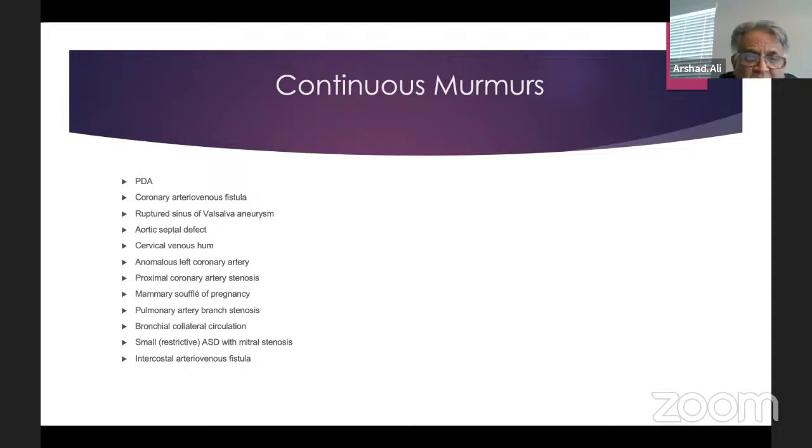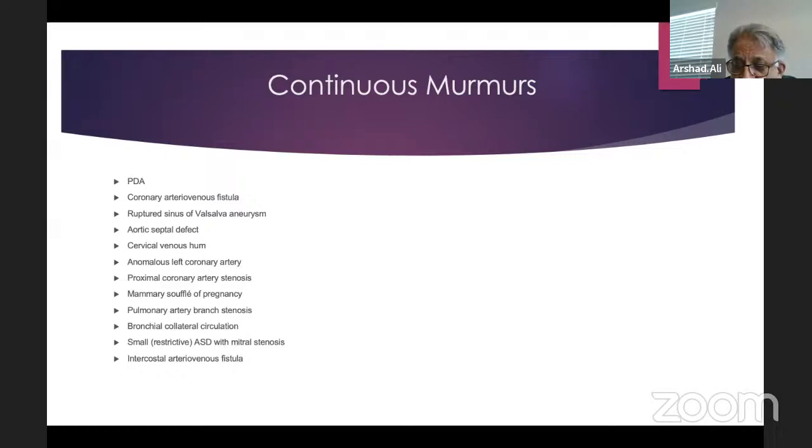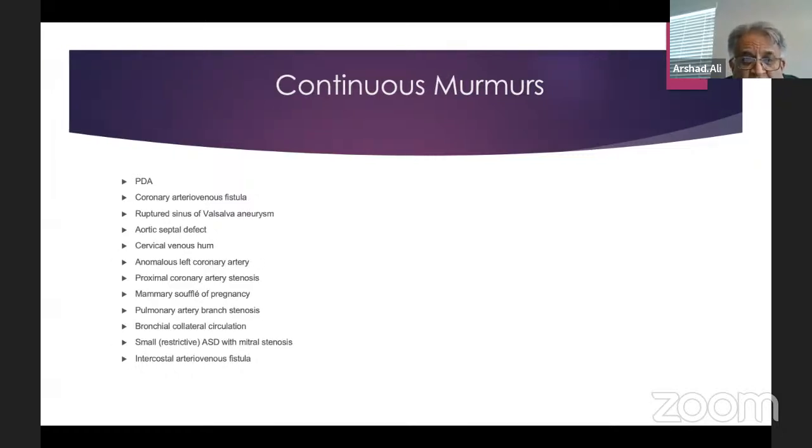And the venous hum is like a humming sound you can hear if there is a big catheter in the veins, or any type of hyperdynamic state. Very rarely, if you have a large coronary artery which is stenosed in the proximal segment, you will hear a humming sound.